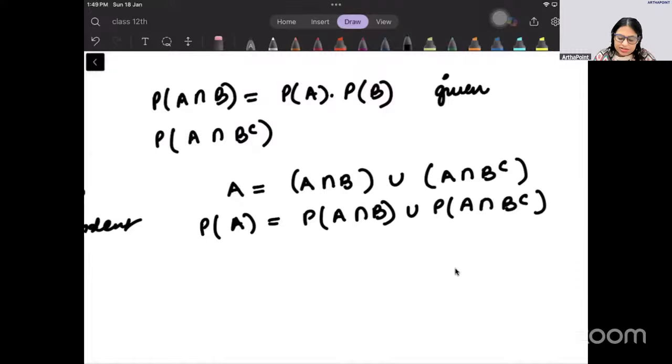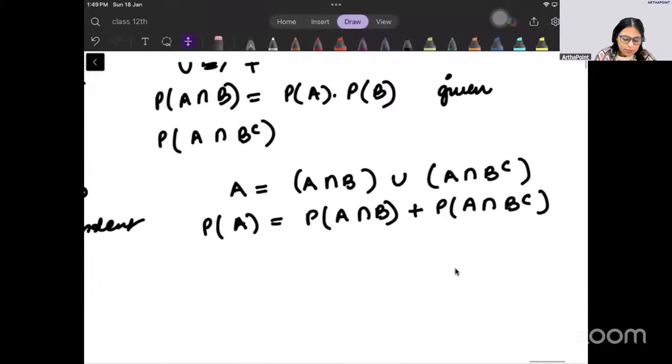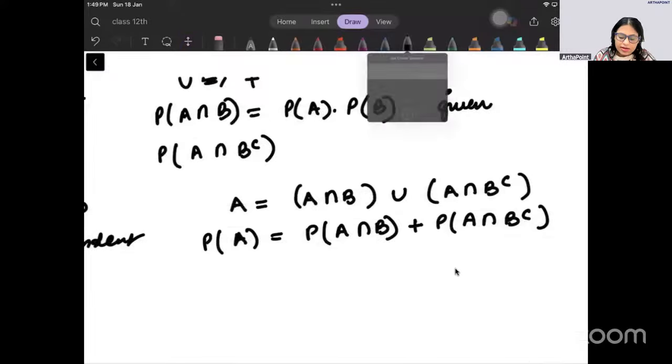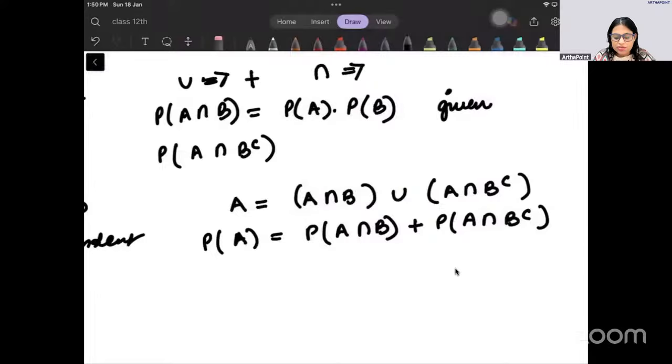And union means that we always add. In terms of probability, union means addition and intersection means multiplication. Okay, so because it's a union, I have added.